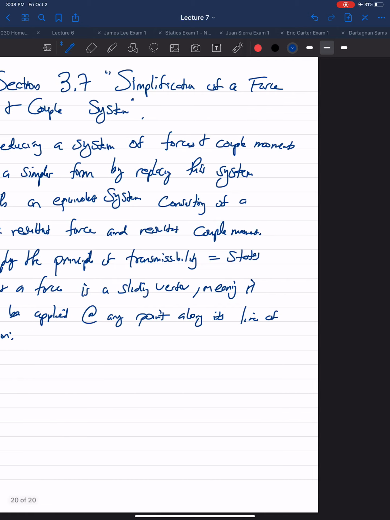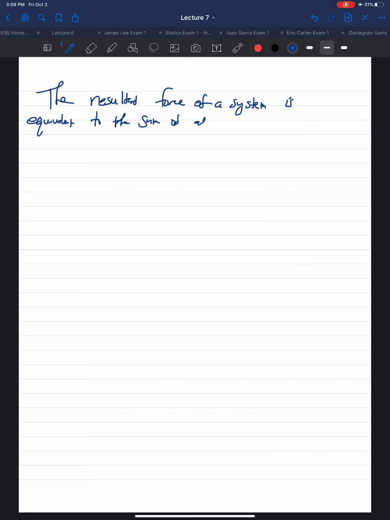So in equation form, this comes to the resultant force of a system is equivalent to the sum of all the forces.